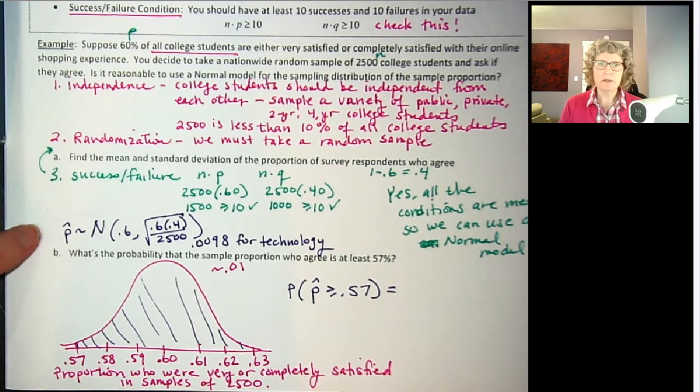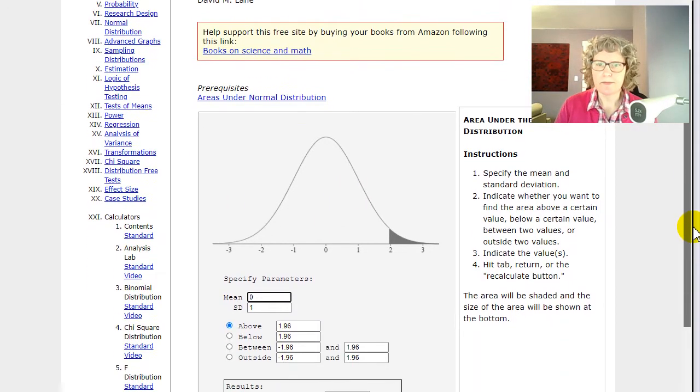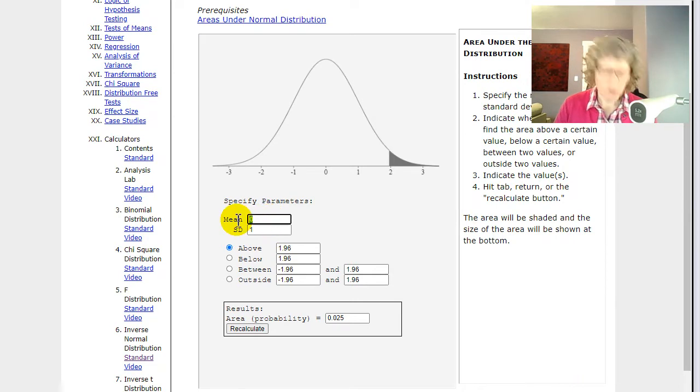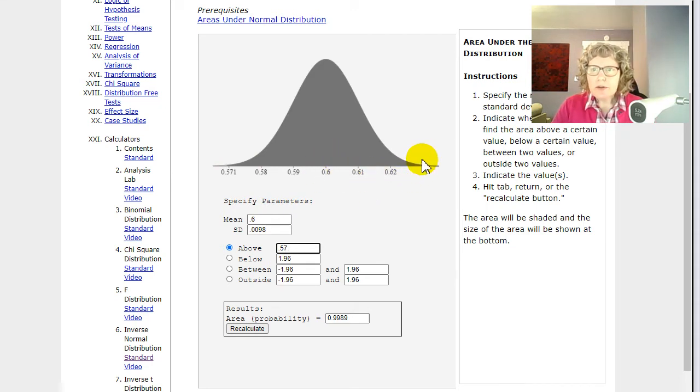Now we put our distribution into online statbook. The mean is 0.6. The standard deviation is 0.0098. I want to keep that accurate for technology, and then we want above 0.57. And here you can see the graph really matches mine. For some reason they don't have the third standard deviation up here, but I'm pretty happy with that. So you can also cut and paste from online statbook and just put your label down below.